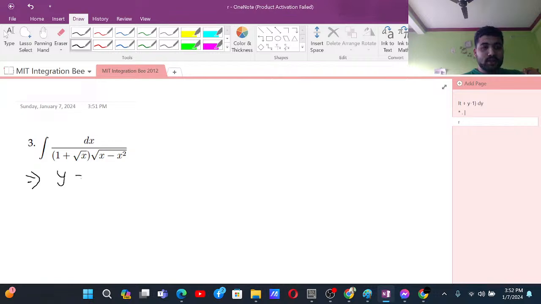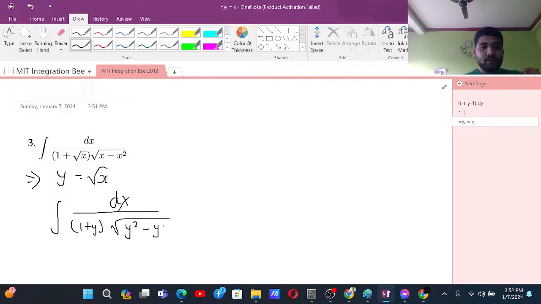So you can just first let y equals root x. Now you will have dx by 1 plus y root under y square minus y to the power 4. And y square equals x, so that implies 2y dy equals dx.